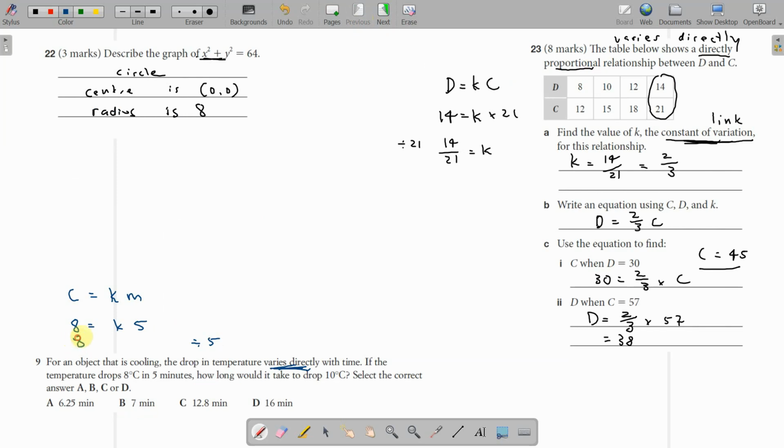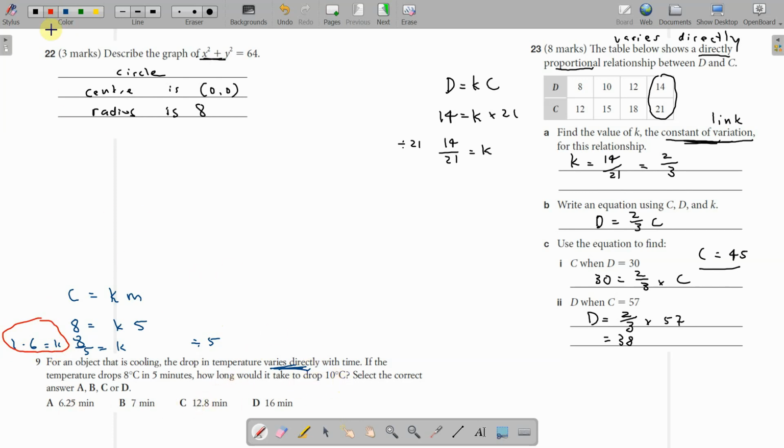So 8 over 5 equals K, or 1 3/5 or 1.6. 1.6 will do. Just going to circle that because it's looking a bit messy. 1.6 equals K. Now we know that, we can do this.